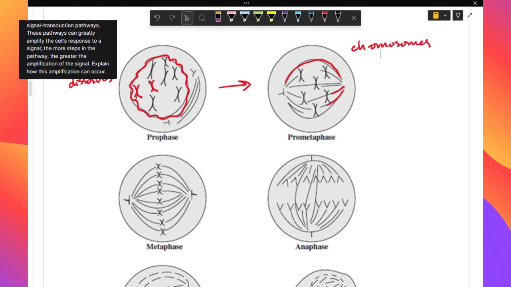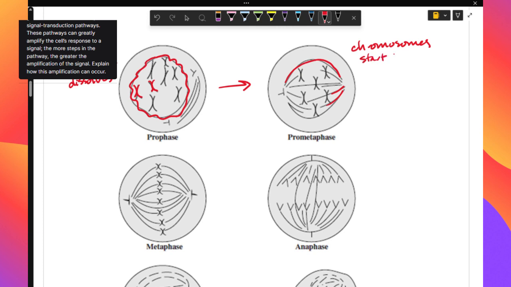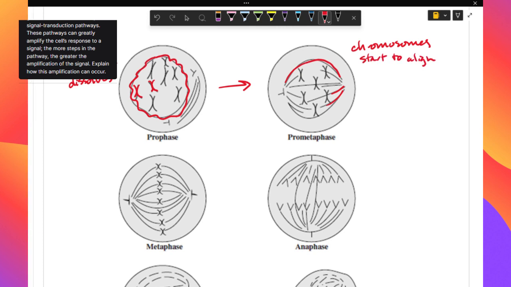These chromosomes start to align on the metaphase plate. That metaphase plate appears right over here.